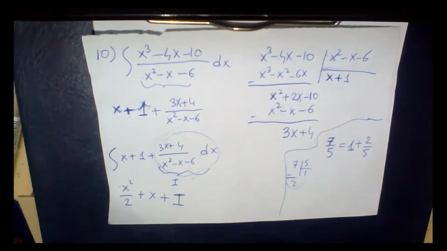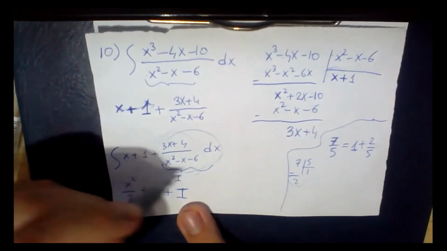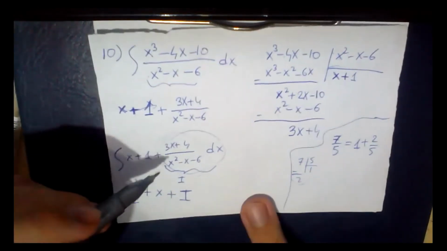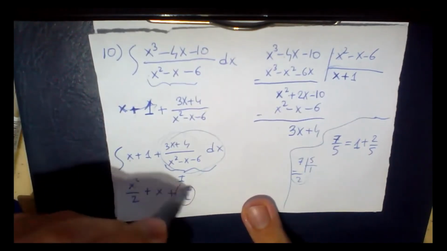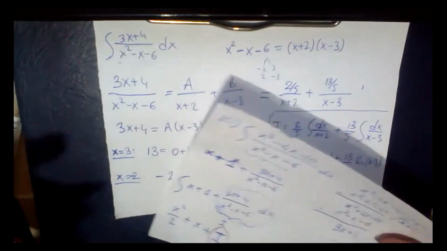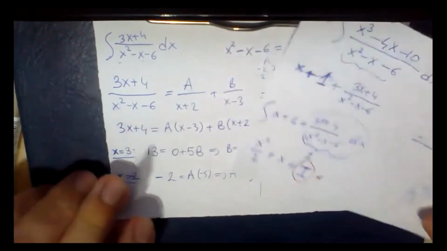We had found the integral of x plus 1 plus this rational function is x squared over 2 plus x. Now instead of I, we are replacing it with this result.